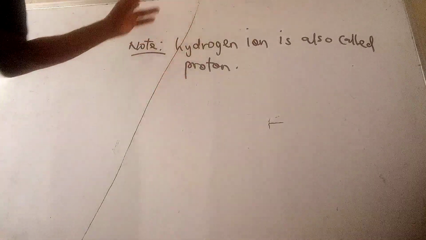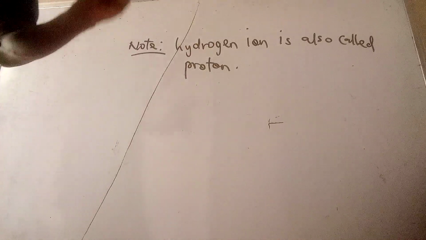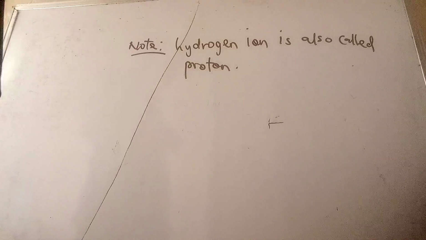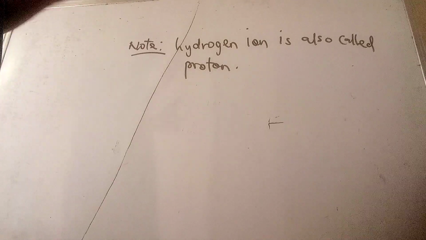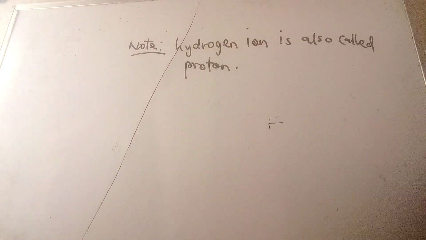That means every acid will produce at least an atom of hydrogen in a molecule after it has undergone what? Ionization, which I'm going to show you now.